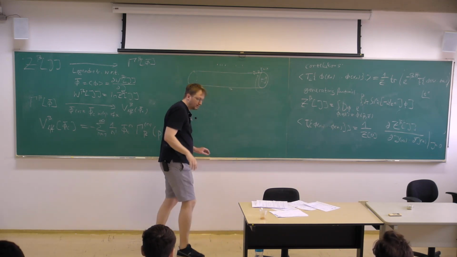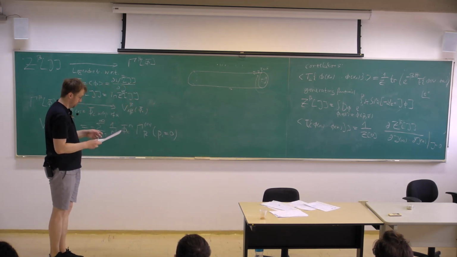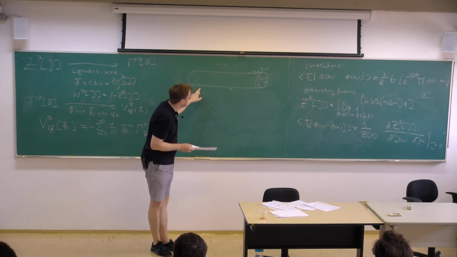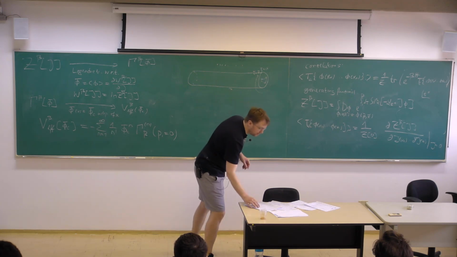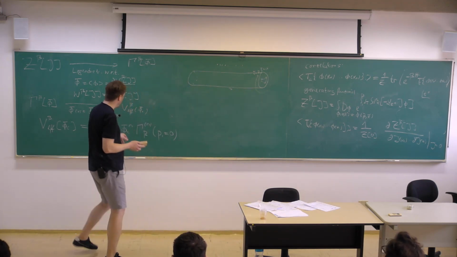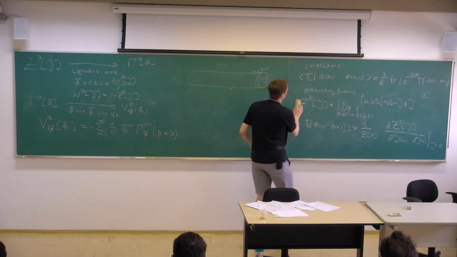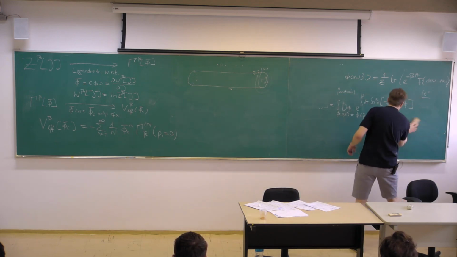As you can see from this picture, let me first remind you what these are. I can again represent those in terms of Feynman diagrams, the usual sum of 1PI diagrams.